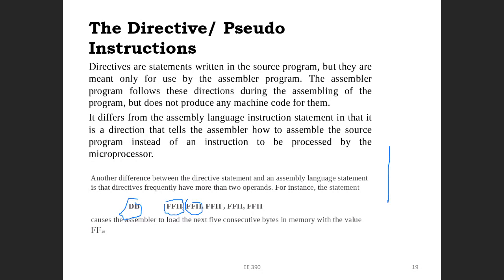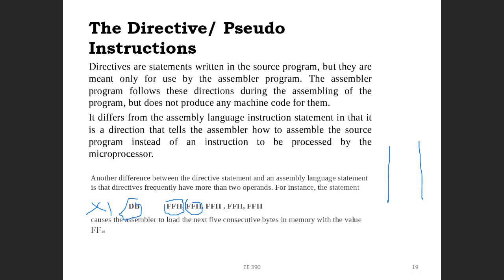Just look at the memory. For example, this is the memory, and if we write x1 DB, then instead of using one number as in the lab, we can assign many numbers to a variable.